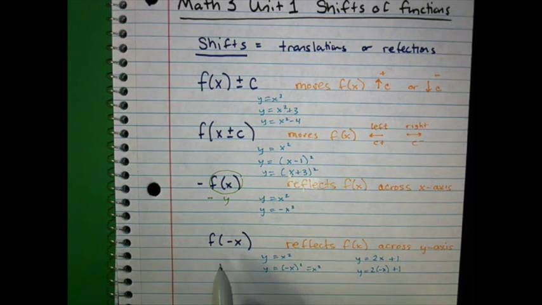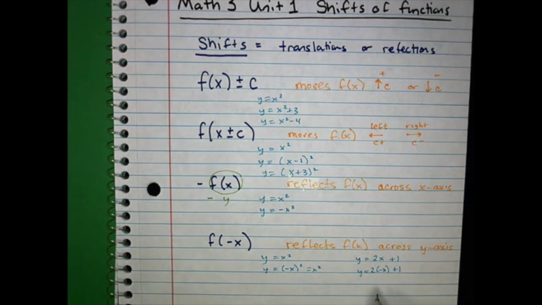In the original function, if I plugged 1 in, I would have gotten 2 plus 1 is 3, but now when I plug the 1 in, I'm going to change the value, and so it's going to act like a negative 1. It will give me the y value that negative 1 would have given me if I plugged it in there. So consequently that reflects across the y-axis.